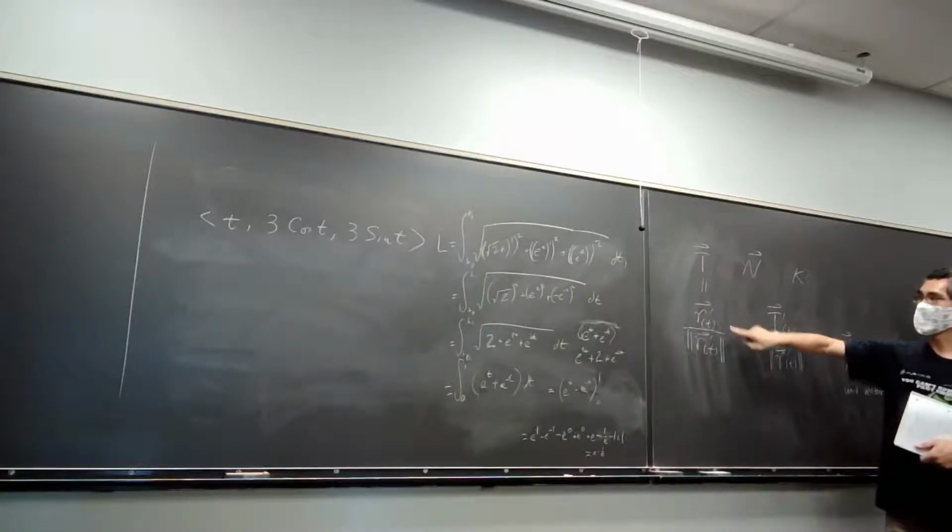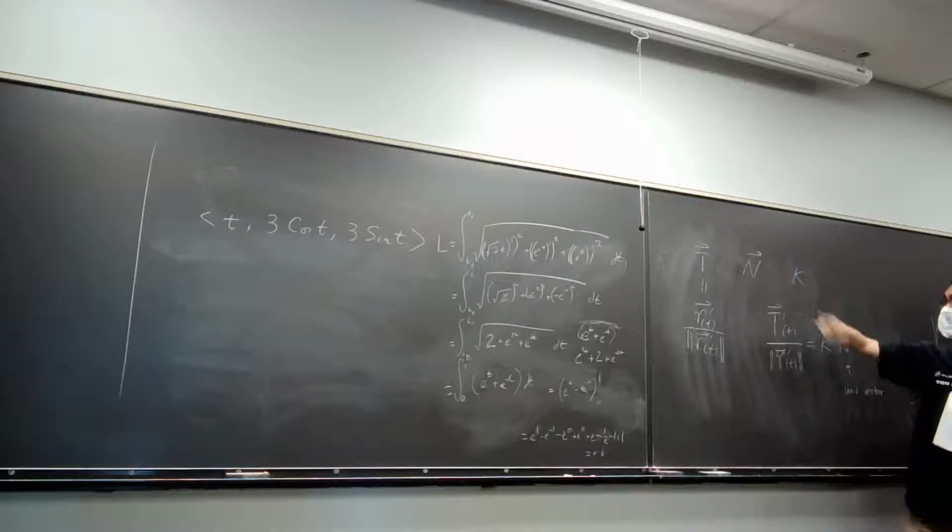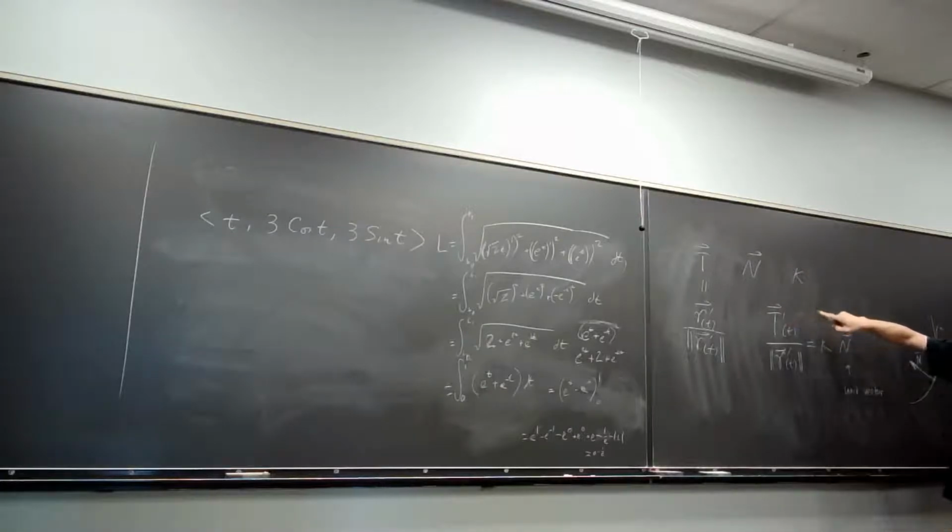This derivative after normalization gives you T, then the derivative of T divided by the same denominator gives you a vector. Its direction is N, its magnitude is K. You try this one. I'll help you if you need.